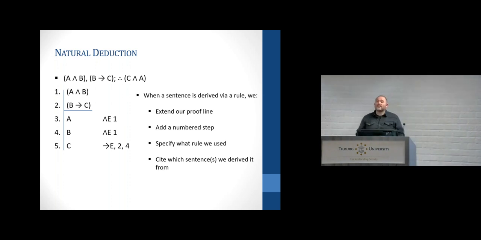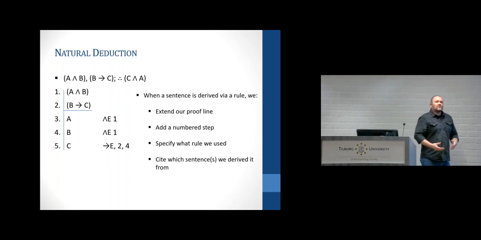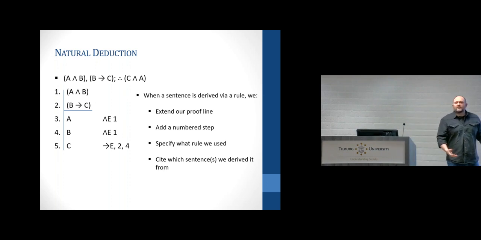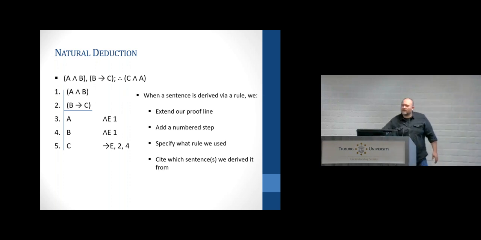Okay. And now we're basically set. Line 6 is going to be our conclusion. So how are we going to get line 6? Well, again, our conclusion here is this conjunction. So we can take what we have at line 5, which we've derived. We've said, hey, this must be true given the assumptions we have.